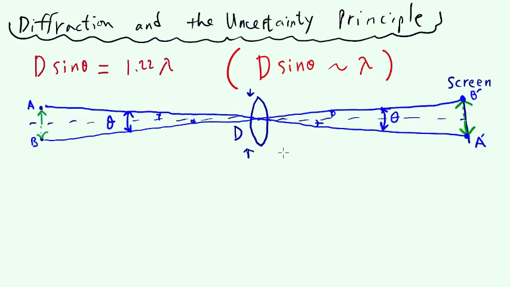What we do know is that when a plane wave, or it could be a spherical wave, doesn't matter, but in all examples that we did, we considered a plane wave. So let's continue to think about a plane wave.